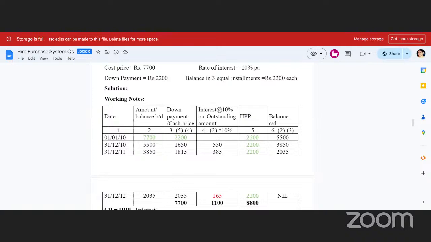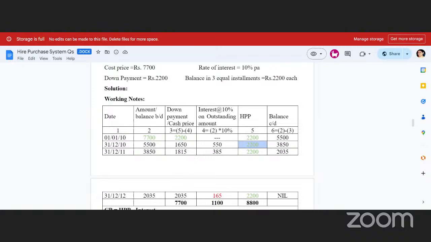So in 2011 my balance is 5,500 and I paid 2,200 as an equal installment. But I want to know, in this 2,200, how much is the cash payment, meaning the principal amount paid, and how much interest I paid.